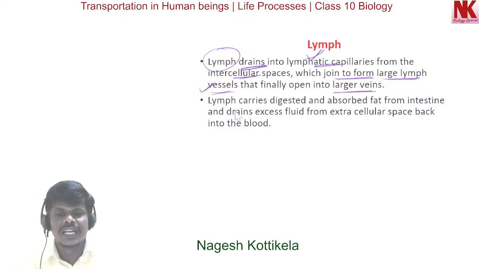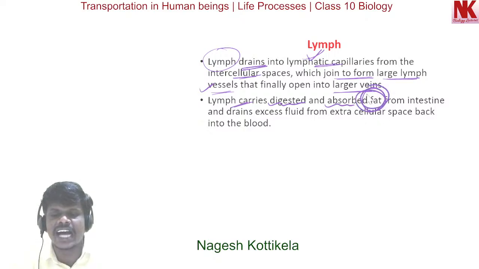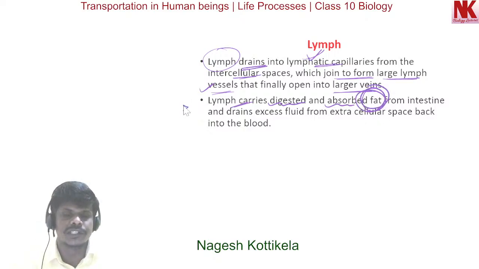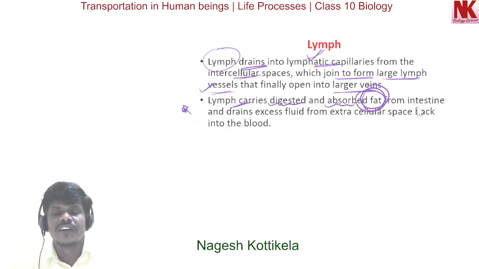Now, the lymph carries digested and absorbed fat. Very important: the lymph carries digested and absorbed fat from the intestine and drains excess fluid from the extracellular space back into the blood.